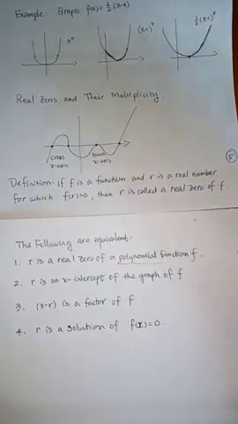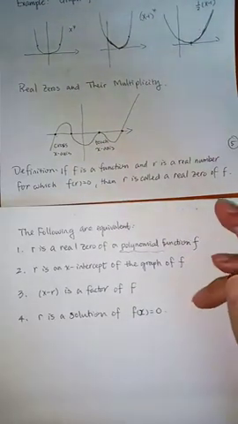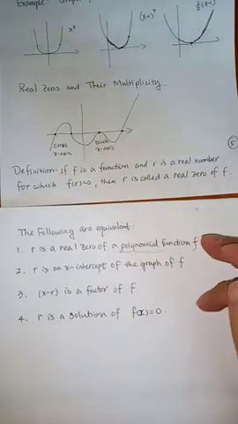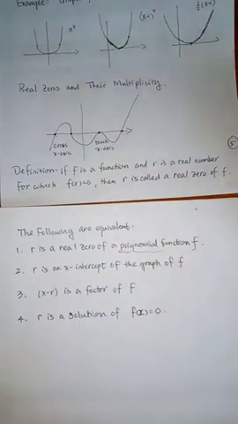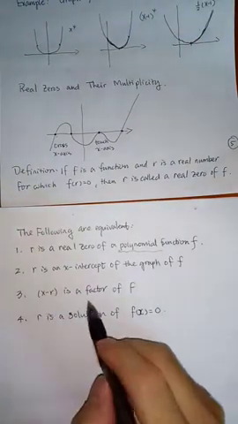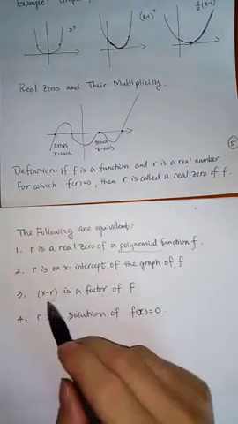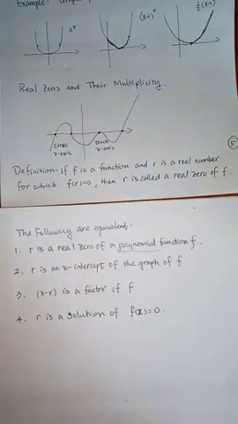Okay, so those 4 statements are equivalent. Whenever you see one of them, it just means you have a zero. So from the third case, whenever you have a zero, x minus r becomes a factor.